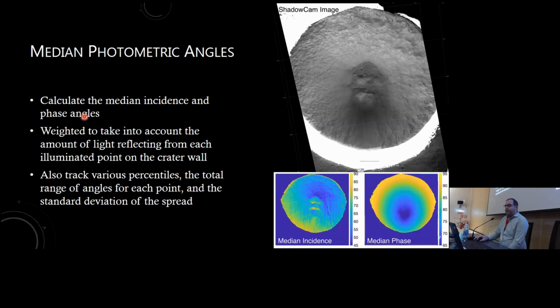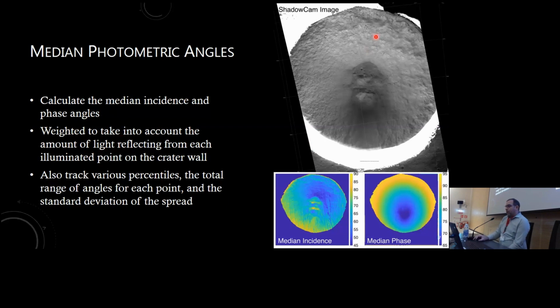So luckily we only have to calculate one of those, just like a regular image, but we have these median incidence and phase angles. And these are weighted to take into account how much light is coming from each portion of the crater wall. And in addition to just tracking what the median value is, we also track different percentiles, like the 5th percentile, 95th percentile, what the standard deviation is, what the range in phase angles is, and things like that.